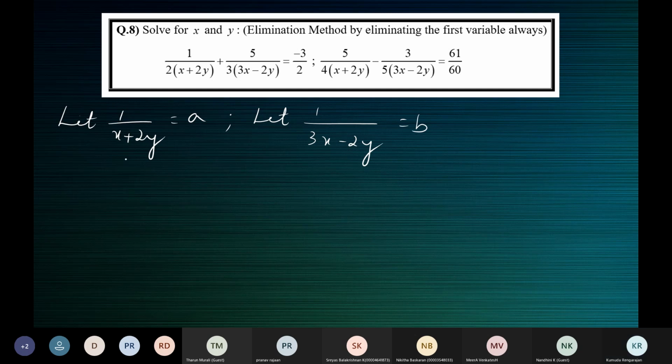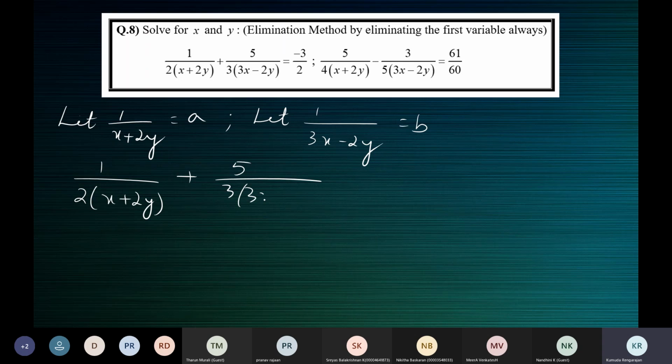So now this is the first equation, right? 1 by 2 into x plus 2y plus 5 by 3 into 3x minus 2y is equal to minus 3 by 2. Now how do you split this?